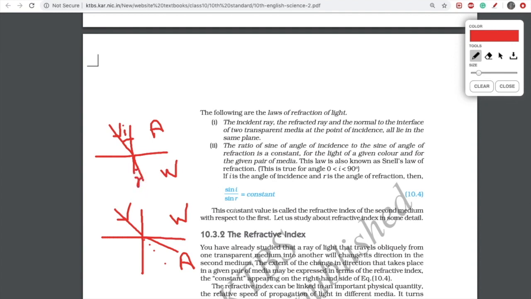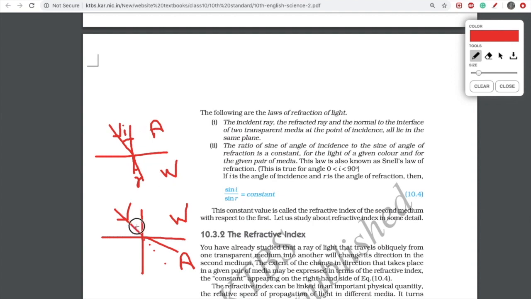So sin i by sin r is constant, and this constant value is called the refractive index of the second medium with respect to the first. The second medium means where it is getting refracted. So the refractive index of water with respect to air is sin i by sin r in this case.